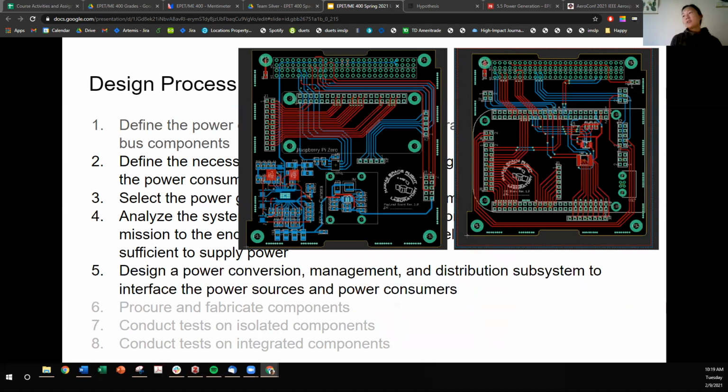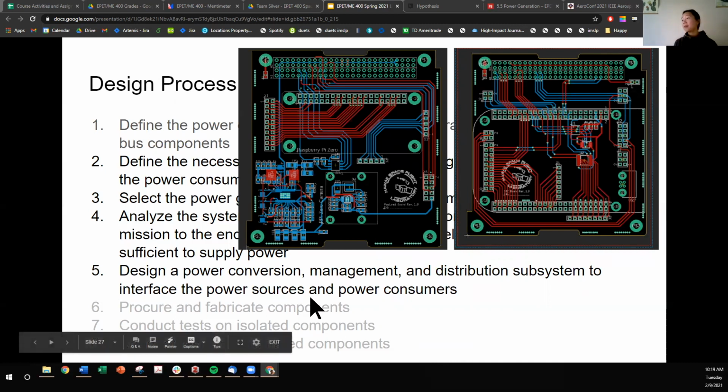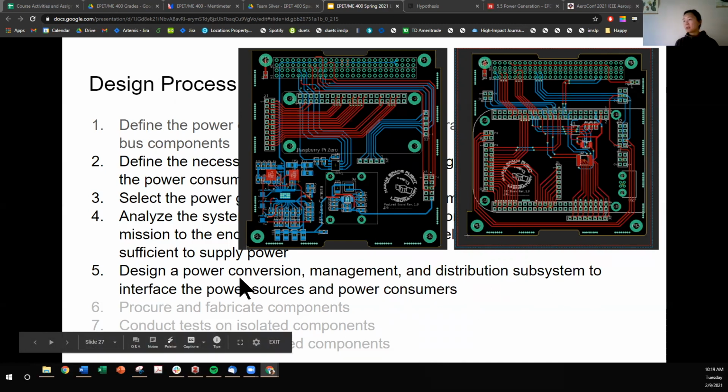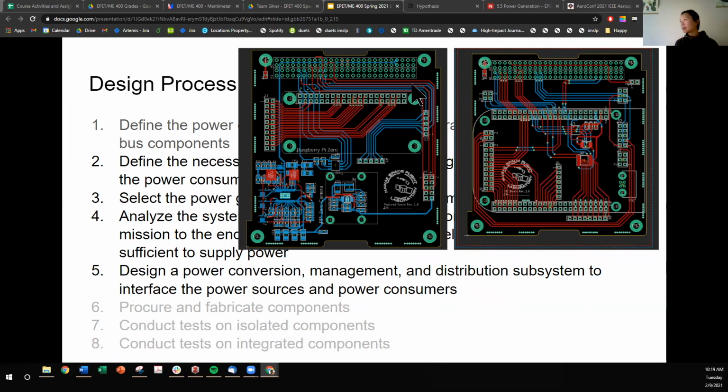Yeah, so once you are confident that the components, your system architecture, can balance power, then you can start to think about the nitty-gritty details of designing a power conversion and management system that handles all of the interfacing between the power sources and power consumers. Here is a PCB board, a design of this is the payload board.